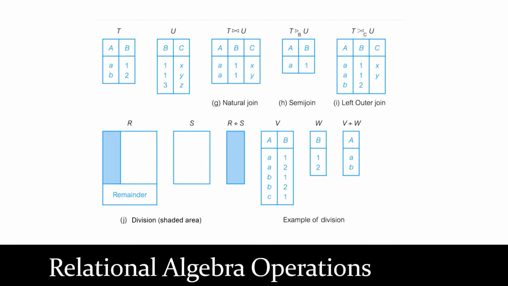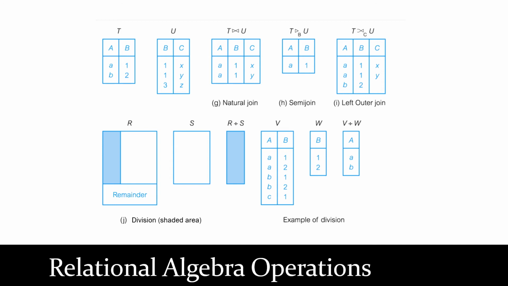In natural join, we do the join between 2 tables, and then we come up with the columns from those two tables, A, B, and C. Semi-join A and B is similar to natural join, but we take only the first relation's structure. In left outer join, we also include the records that are not matched with the other relation.